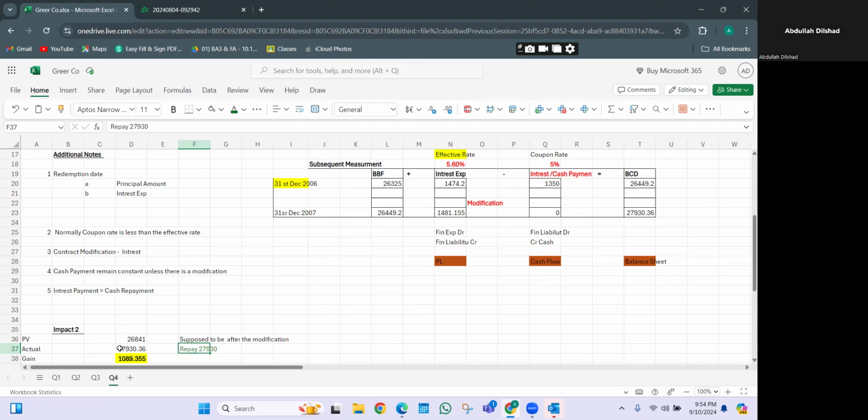But due to the contract modification, you have got a gain. You only need to pay 26,841.